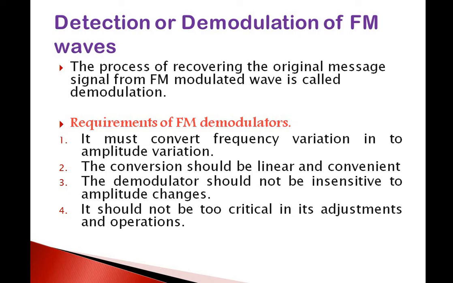The input for your demodulator is your frequency modulated wave, so first it has to convert the frequency variations to amplitude variations. From that you will be getting your original message signal.